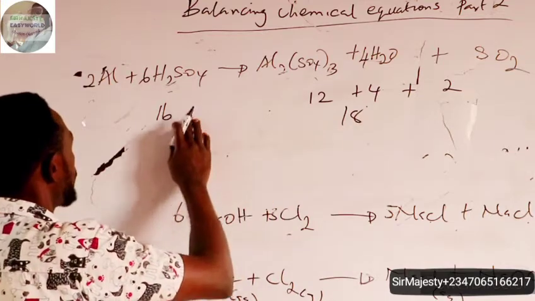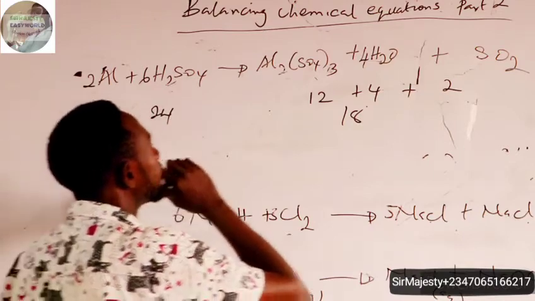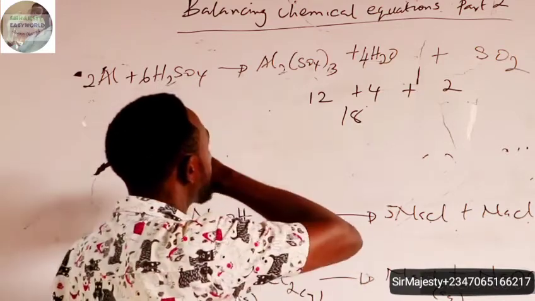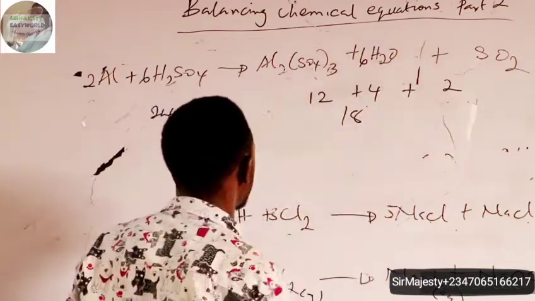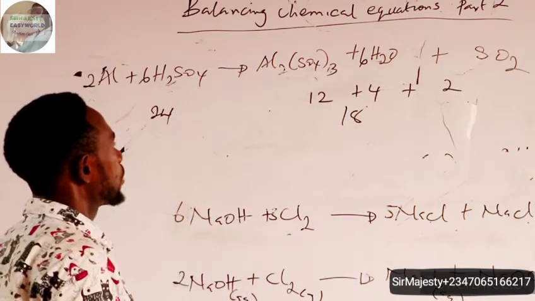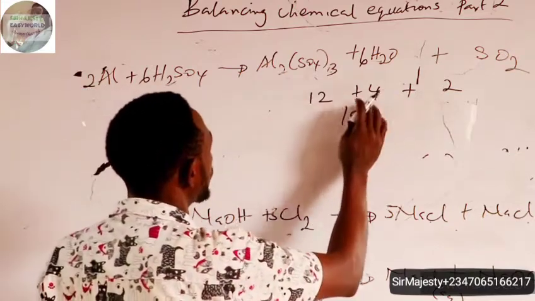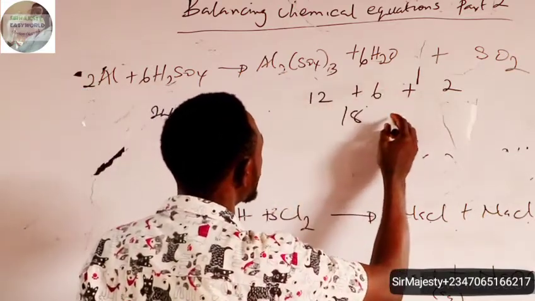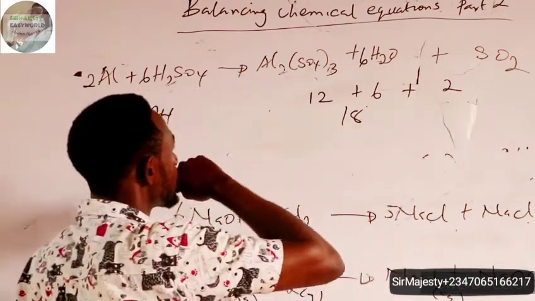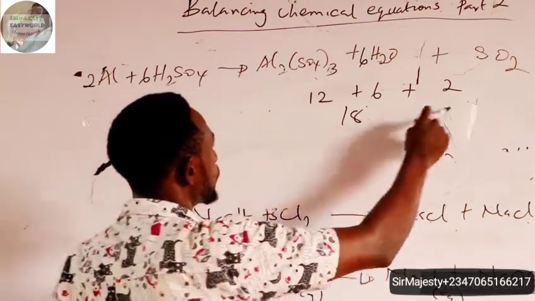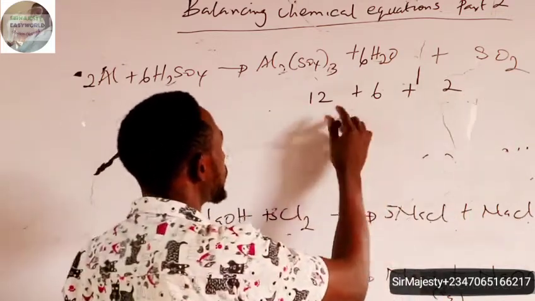So let's now see what happens. 4 times 6 is 24. Then if we put 6 here, we should be mandated also to put 6 here. And when such is done, this is 12 plus 6 plus 2.